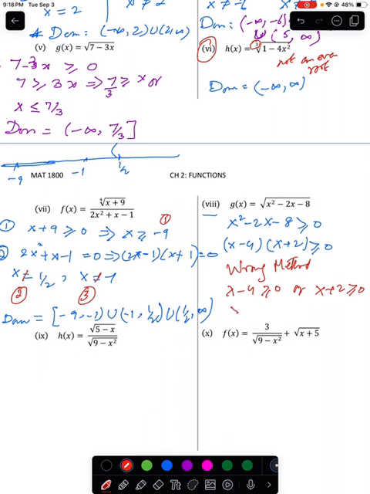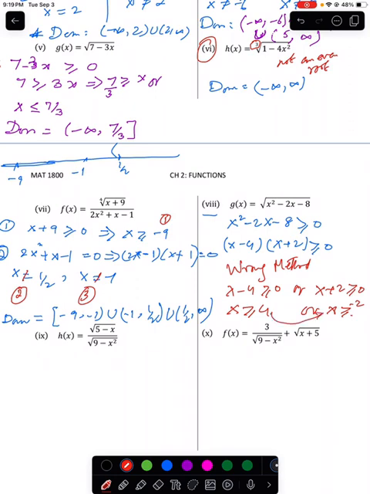Because from here you are saying x is greater than or equal to 4 or x is greater than or equal to negative 2. You are saying that a value which is, for example, negative 5 is excluded, since x greater than or equal to negative 2 says everything is greater than negative 2, and the other says x is greater than 4, which is included in this one.